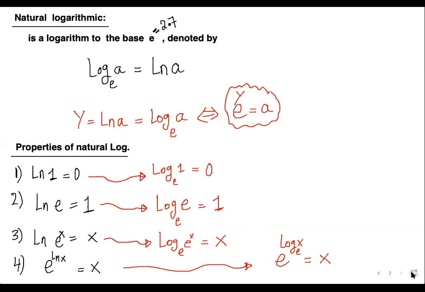Okay, I'm going to give an example. Find the value. For number 1 it is ln of e to the power x, e to the power 8. Ln of e to the power 8.